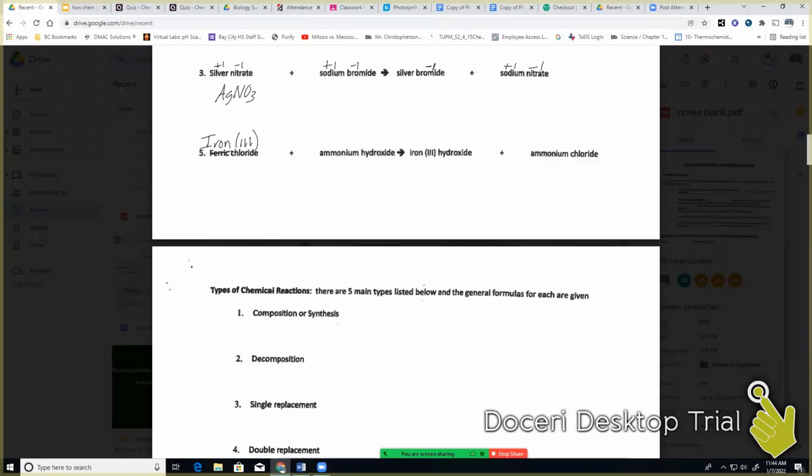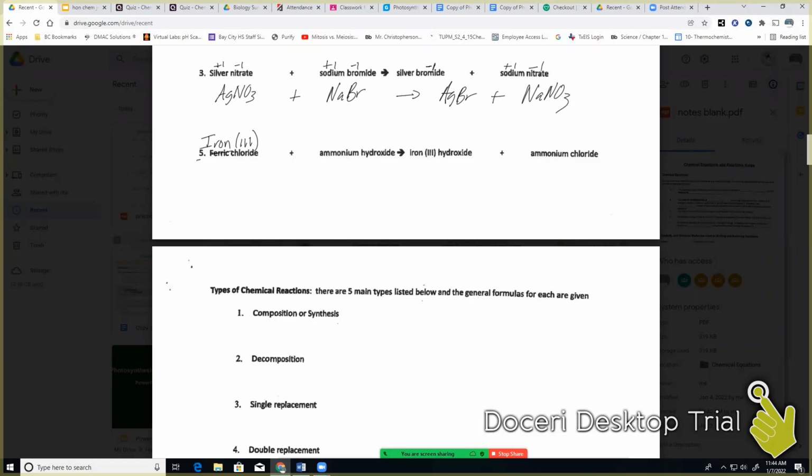In other words, silver nitrate plus sodium bromide yields silver bromide plus sodium nitrate. So when that's the case, I'm already balanced because I have one of everything.